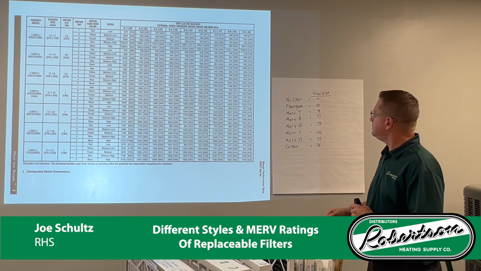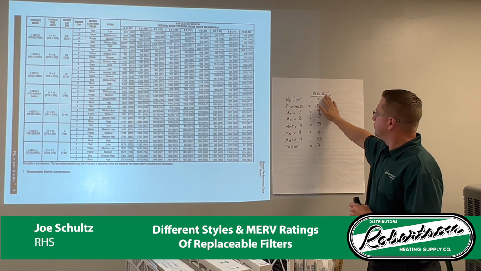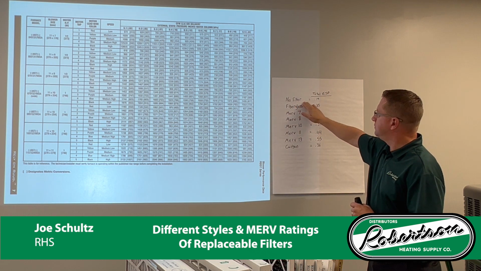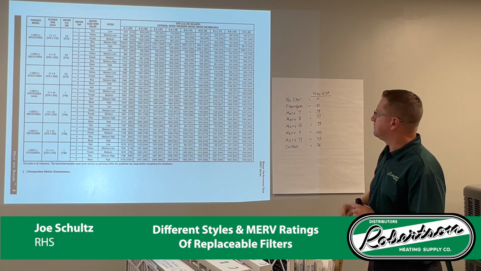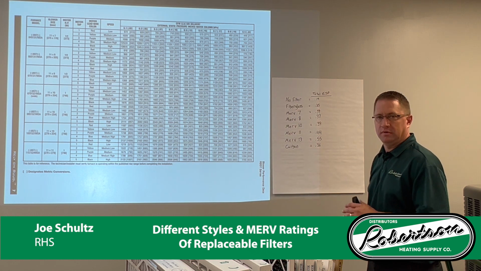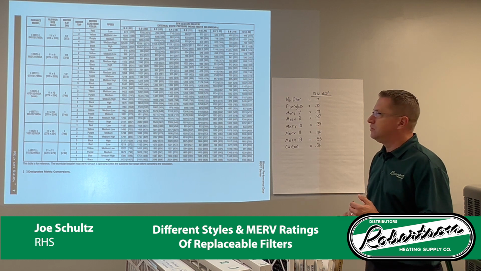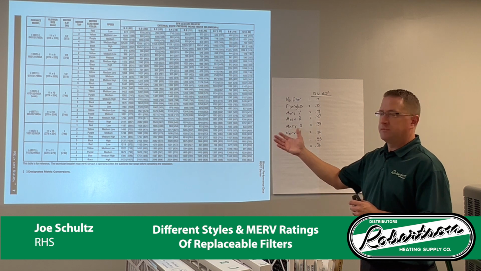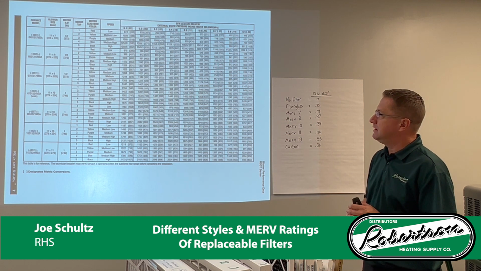So I took all the readings that we got from our blower performance test of all the filters, and I wrote down our total ESP for all the filters. No filter as our baseline, fiberglass filter, Merv 7 through 13, and our carbon filter last. Why this is so important is, on a standard furnace, they have a blower performance chart similar to this one right here.